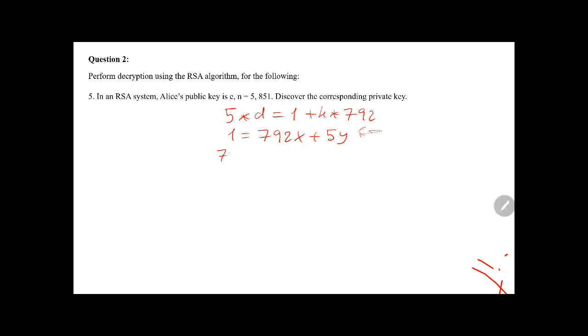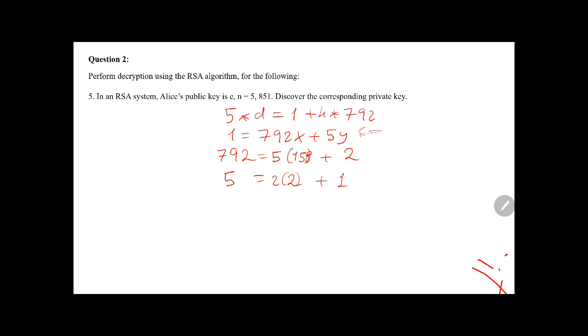So it's 792 equals to 5 open brackets plus, so 792 divided by 5 is equal to 158, and 792 modulus 5 is equal to 2. Now we take 5 and 2, so 5 equals to 2 brackets, and then this. So 5 divided by 2 is equal to 2, and 5 modulus 2 is equal to 1.